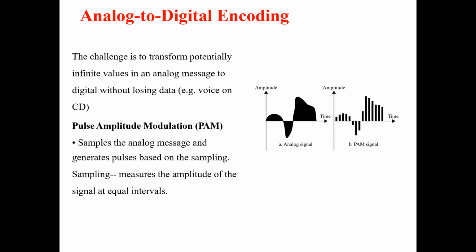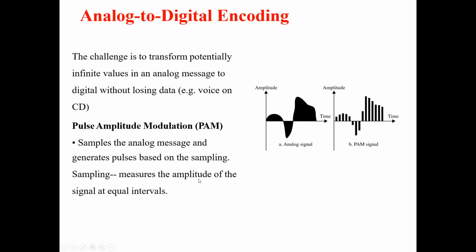We have to convert these analog signals into the digital form without losing any important feature. The first method is pulse amplitude modulation, that is PAM. It samples the analog message and generates pulses based on the sampling.